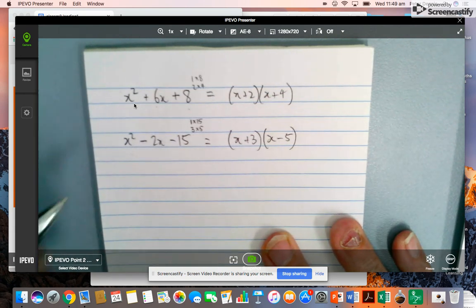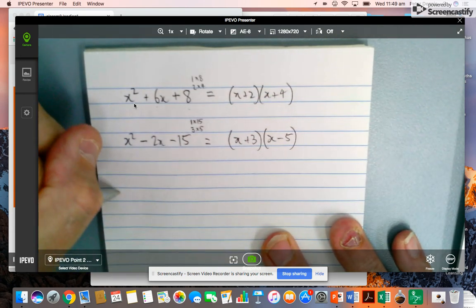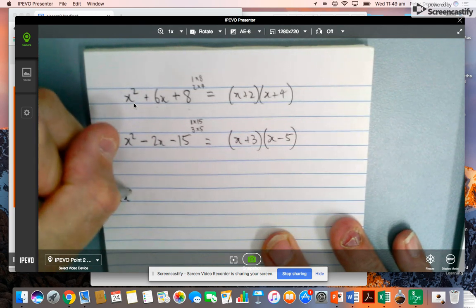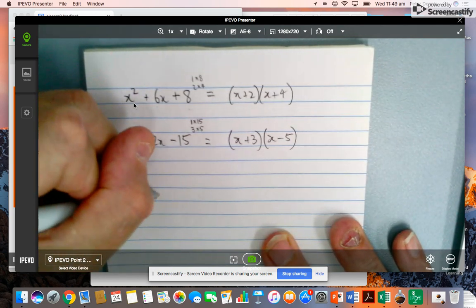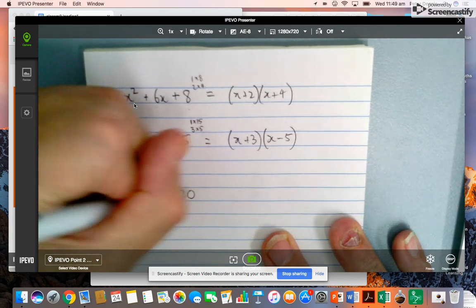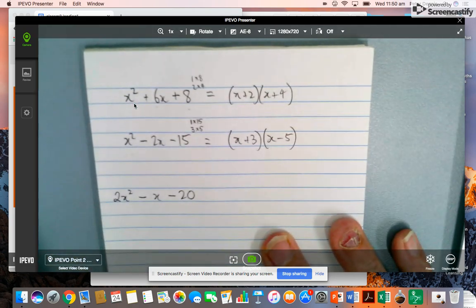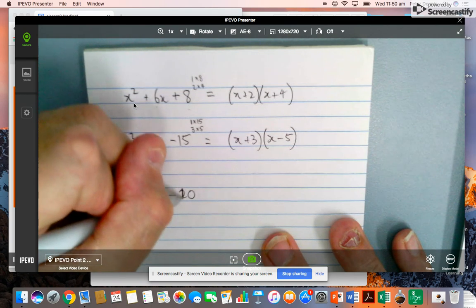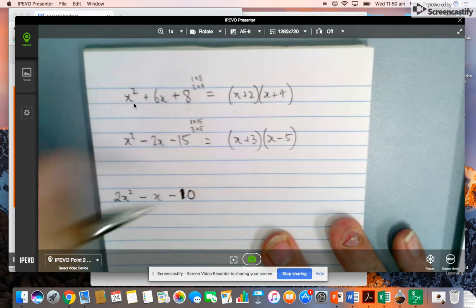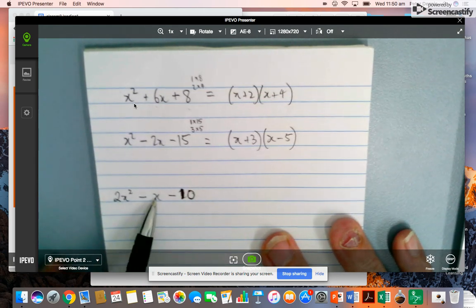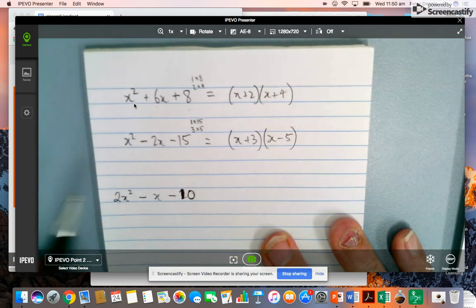Now, the only difference to that is if there is a number out the front, 2x squared. This is for non-monics, or something called monics. We want to factorise this, and we'll make that a 10 so it works. So 2x squared minus x minus 10.